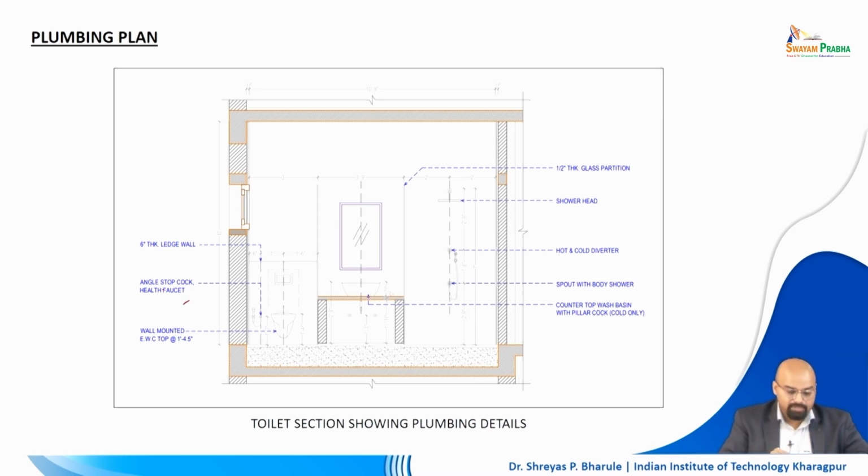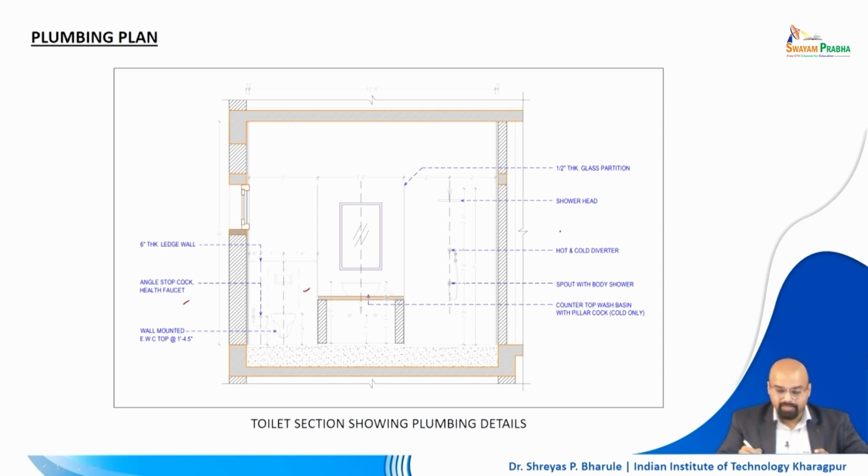So in here you see there is an angle stopcock. An angle stopcock is going to take care of the water flow in that particular location, which will probably be connected to the cistern which is going to provide water for flushing. So there is a concealed cistern. Here is where you see the concealed cistern.